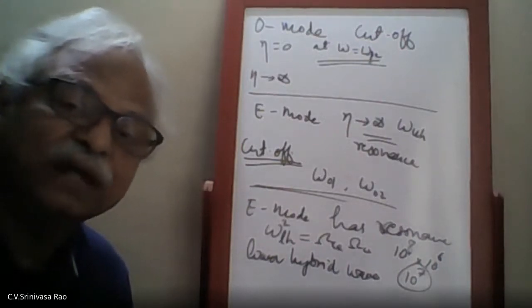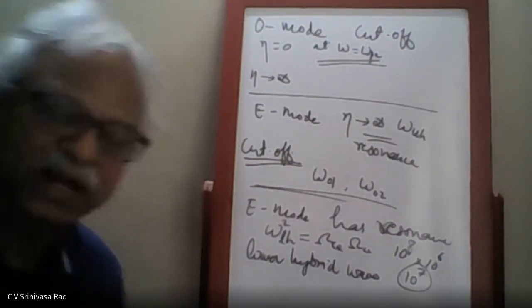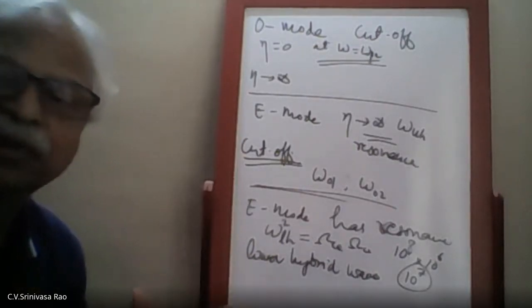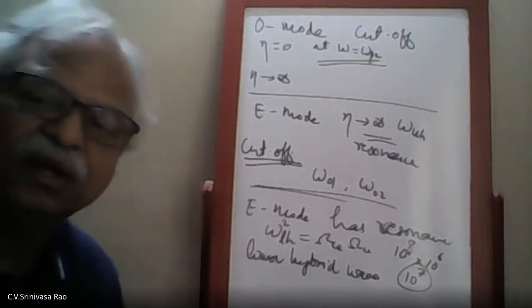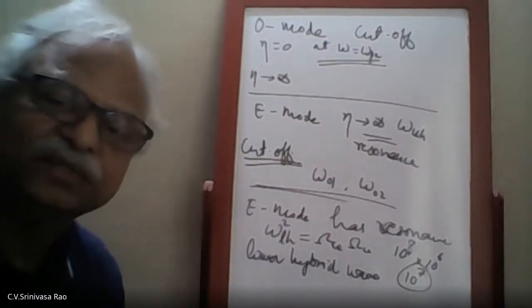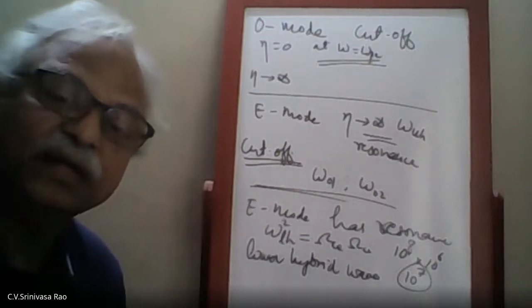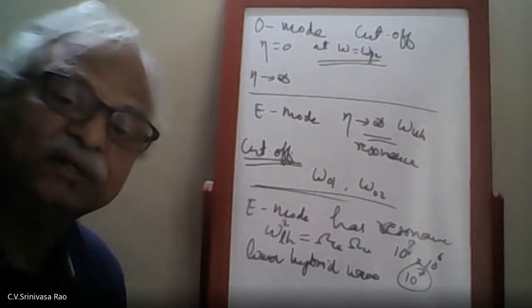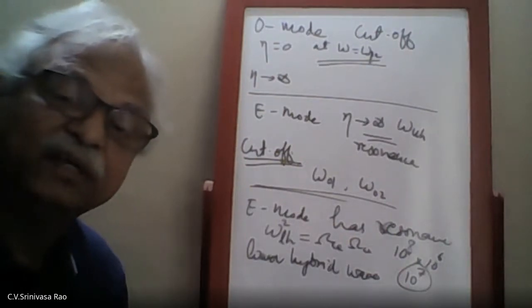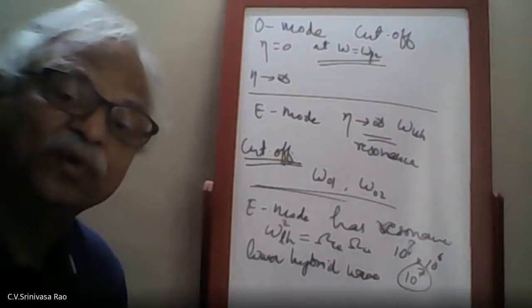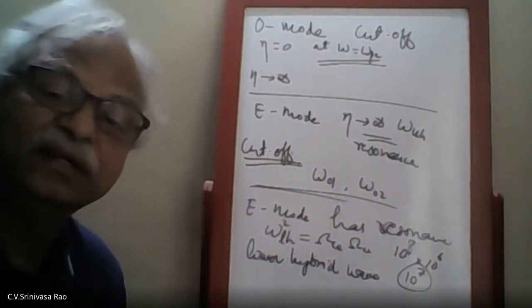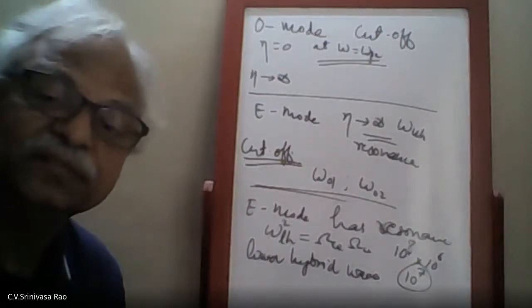The CMA diagram is a very complicated diagram because it's broken up into 8 different regions where you describe all these waves which we discussed these 2 days. You can get the information about all the cutoffs and resonances for each of these waves, and also you can know when these waves propagate and when they get highly attenuated.